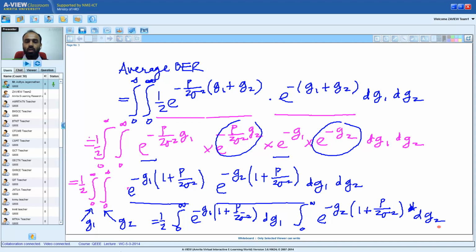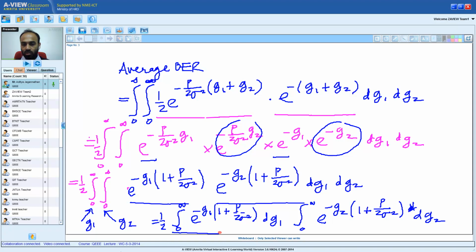So it splits into two integrals because this is a product of two functions. One depends only on G1, one depends only on G2. Therefore it splits into the product of two integrals. Now can someone help me evaluate what this component is?